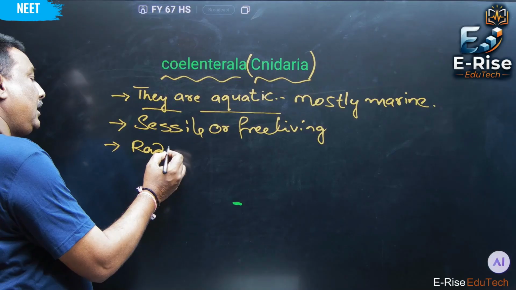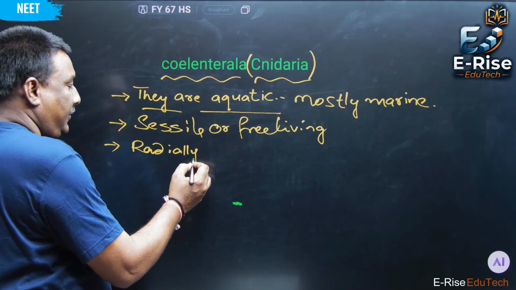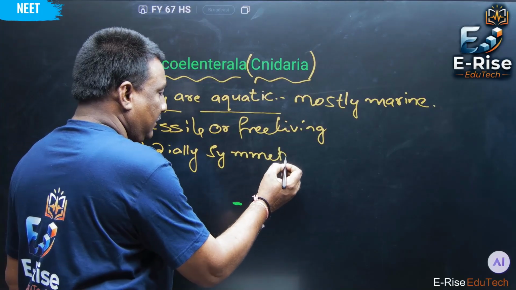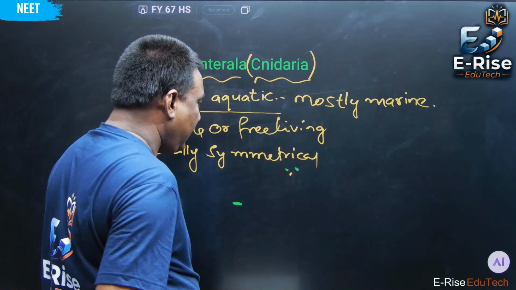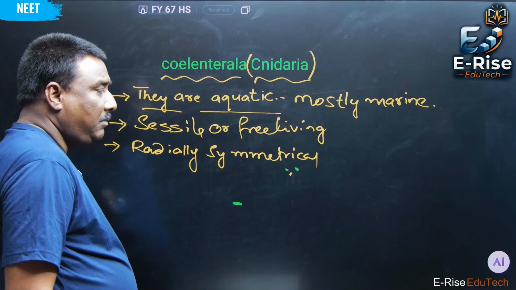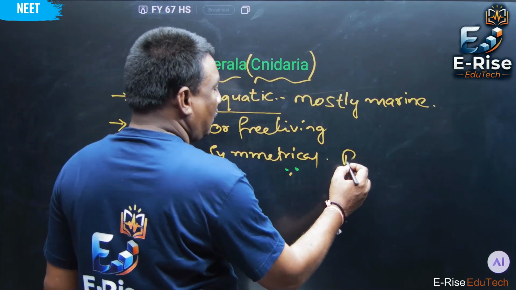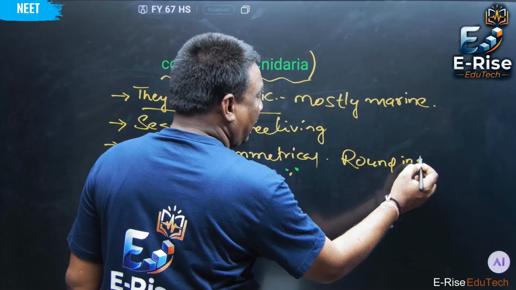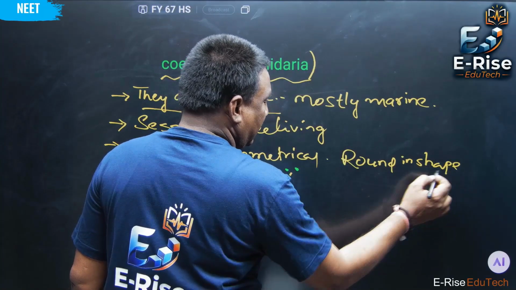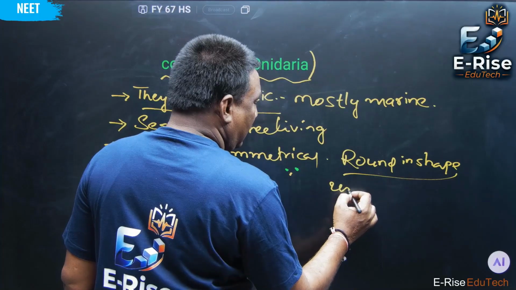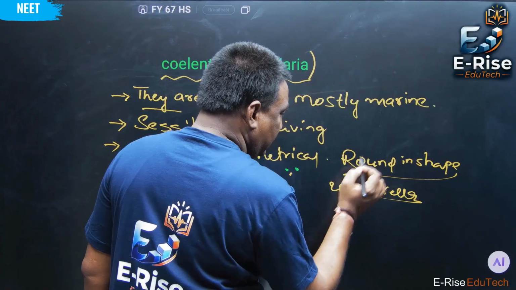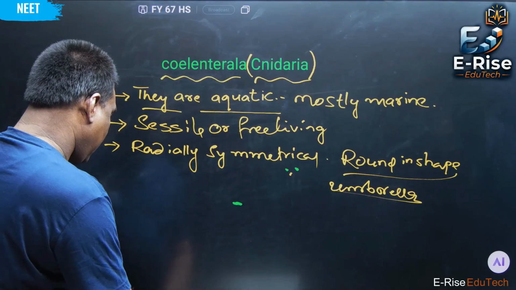radially symmetrical organisms. What is the meaning of radially symmetrical? Their body is round in shape or umbrella-like shape.